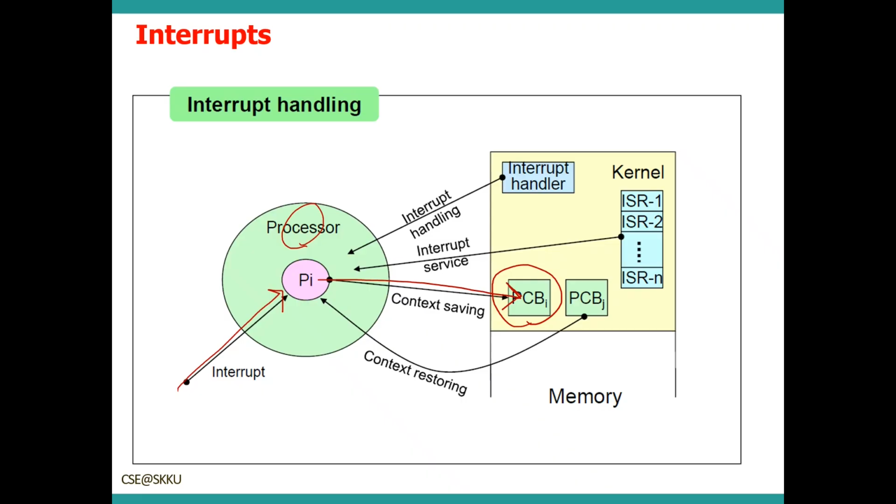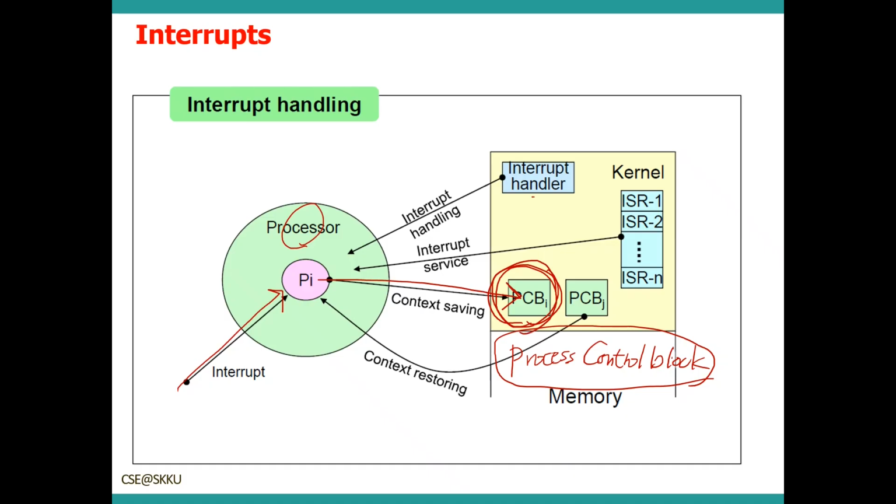Here PCB means process control block. This data structure has all the important information of each process. The information of the currently running process will be saved into the PCB.